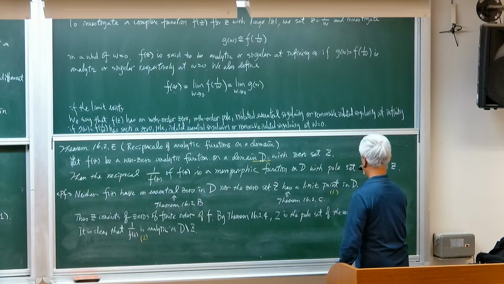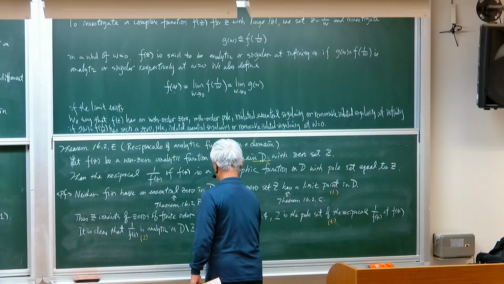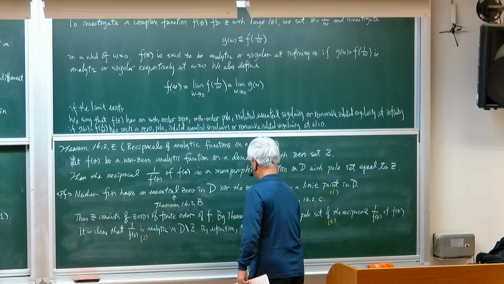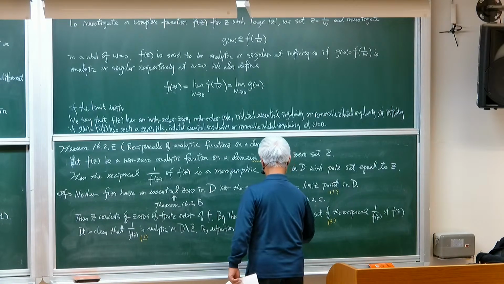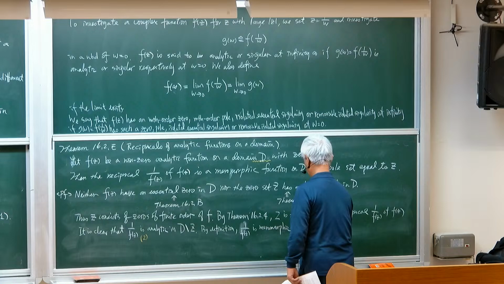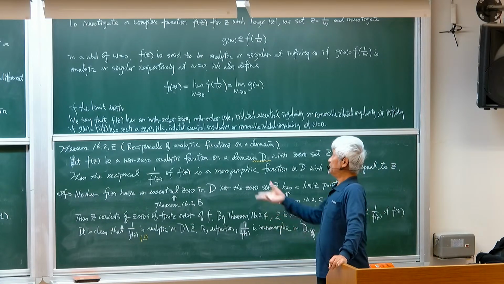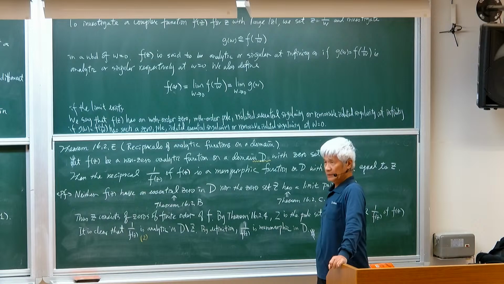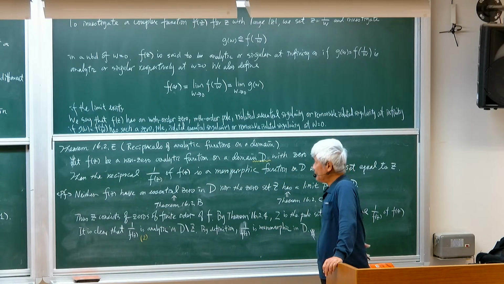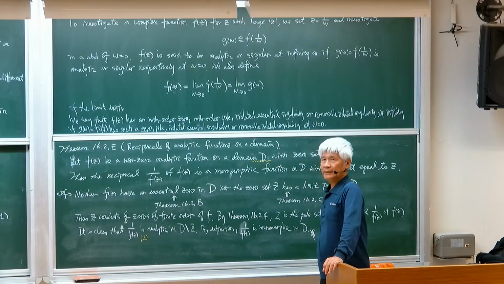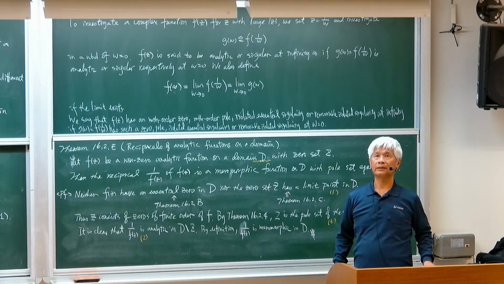So by definition, 1 over f(z) is meromorphic in D. So a meromorphic function can be obtained by taking the reciprocal of a non-zero analytic function on a domain D.